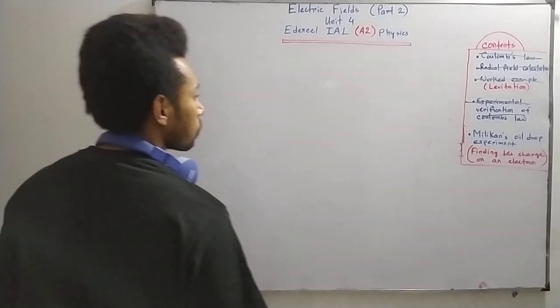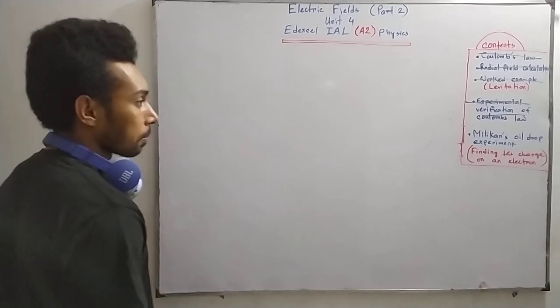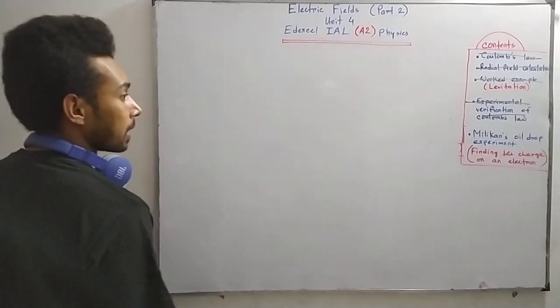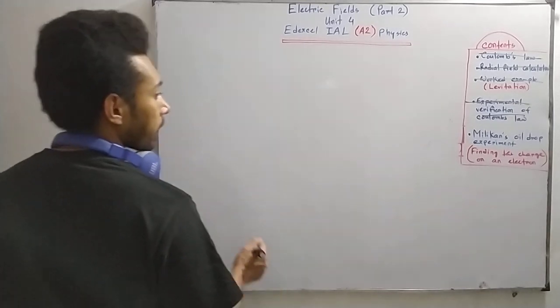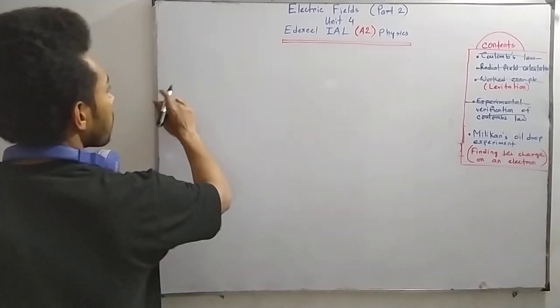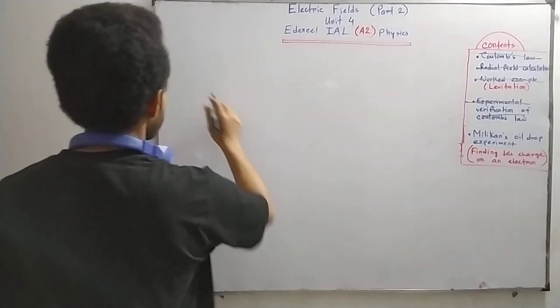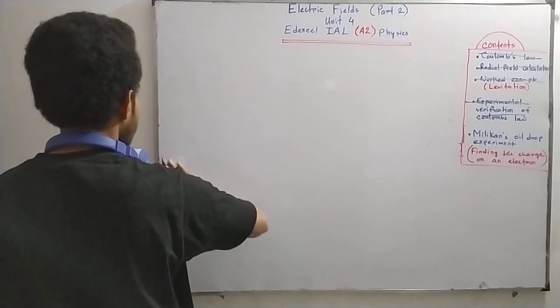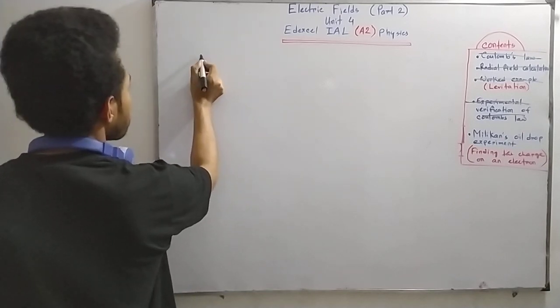Without drawing the diagram, you won't be able to understand what Millikan did to find the charge on an electron. His experimental setup was like this. I'm drawing a simplified version of his experimental setup.